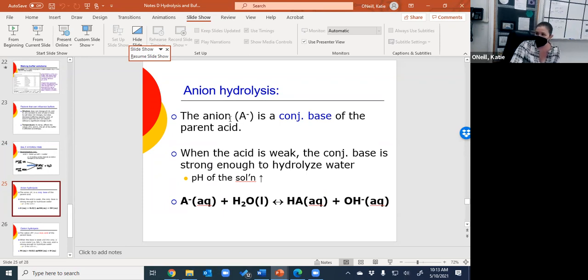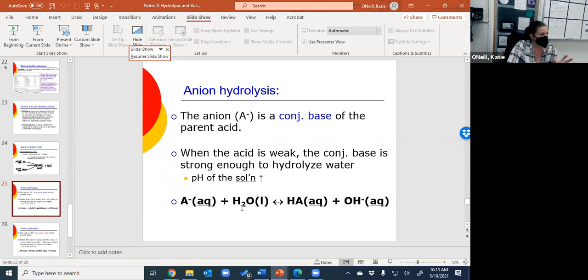You could have anion hydrolysis, which is going to be the conjugate base of the HA, the A minus. So basically, imagine that you have the weak acid that has already produced this anion. The question for hydrolysis is, is the anion strong enough to break the bond with the water?